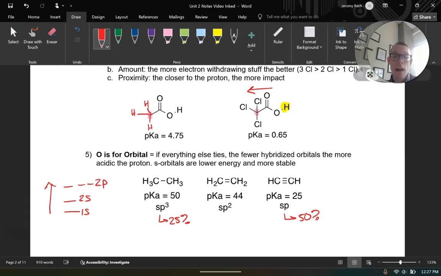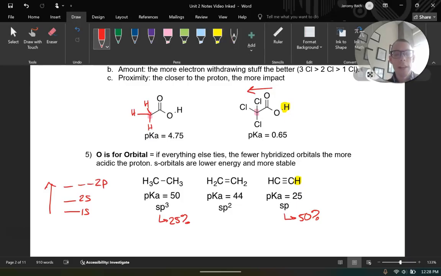So that's going to have lower energy compared to our sp3, and that's going to help stabilize. So an alkyne, which is a triple bonded carbon, this H right here will be a little bit more acidic than ones on a double bond or a single bond.